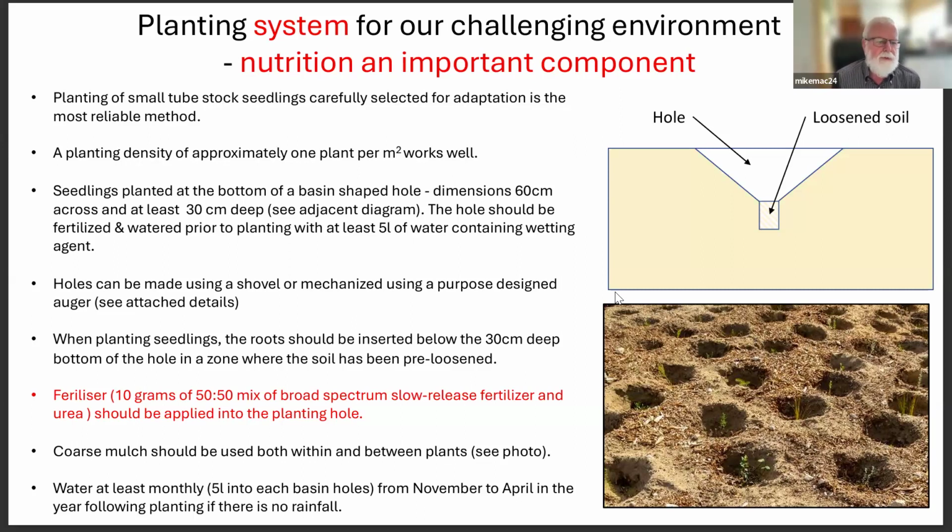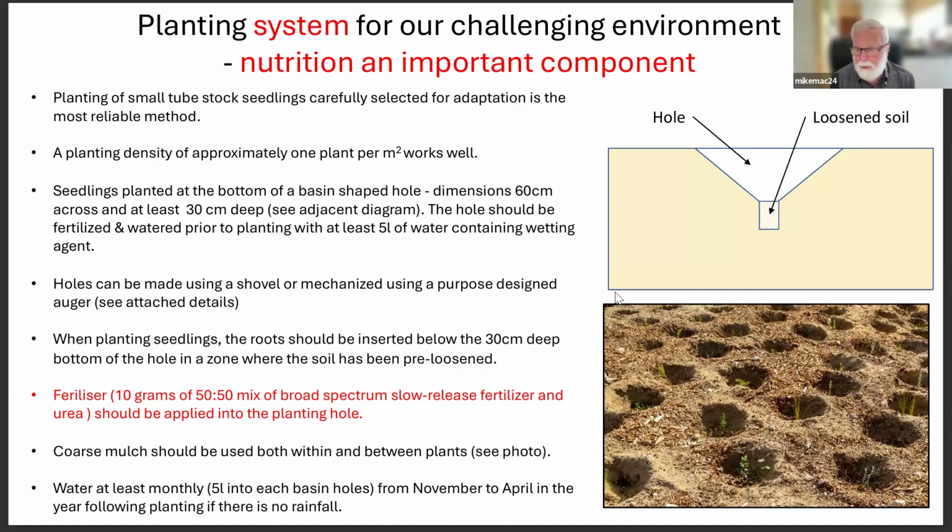Into the holes before planting, we add fertiliser, and I'll come to the fertiliser part in a minute, and we water, usually with about 5 litres of water containing wetting agent. We usually try and plant relatively early, in late May and early June, and often the site isn't sufficiently wet up with rain prior to planting, so that pre-planting watering is really helpful in providing a good environment for the seedling to go into.